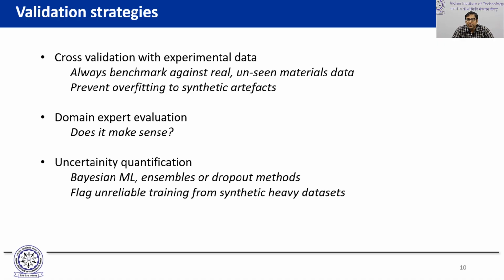If you are using some sort of probabilistic approach, it may be a good idea to work with the entire distribution rather than a single value. Or if you can come up with ensemble learning, that is again something which is going to minimize the uncertainties. Then you have got the dropout methods. All of these were discussed in the first part of the course, and all of them can be useful in helping you handle the synthetic data.